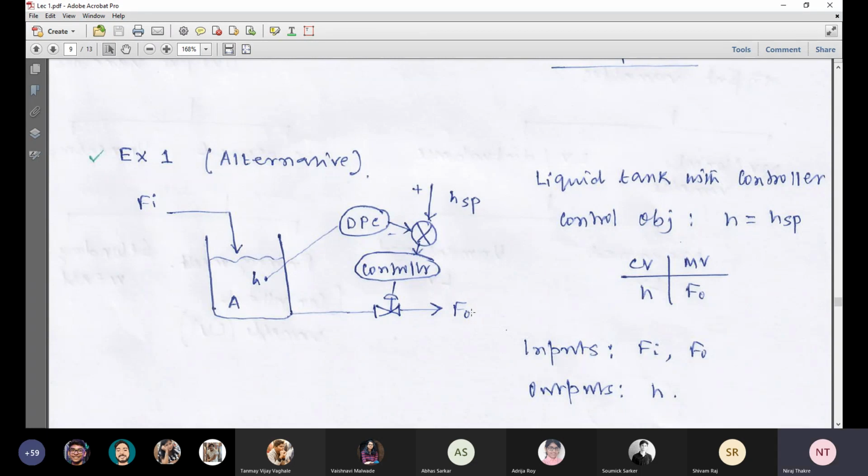Same example, only difference is that here instead of Fi, F0 is considered the manipulated variable.